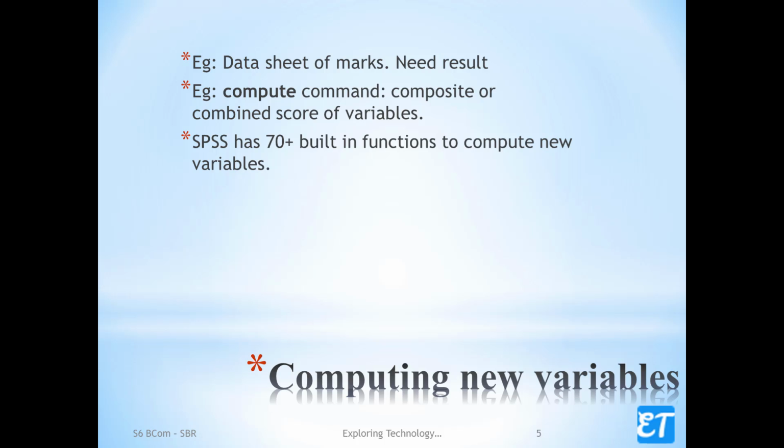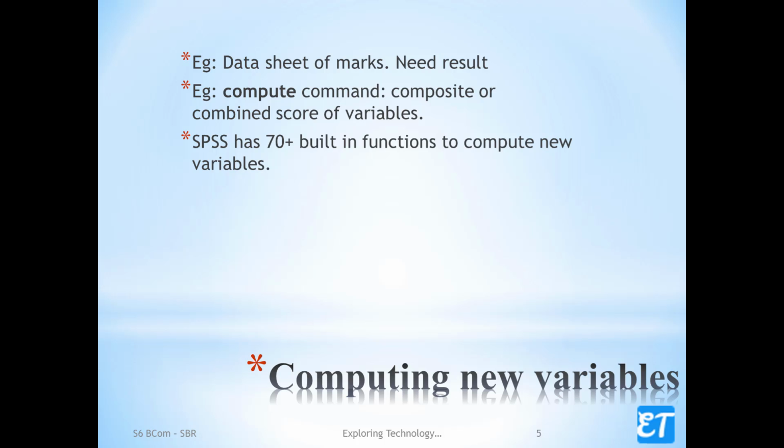For that, the command used most commonly is the compute command. Compute command can combine the scores of variables, or it gives a composite score of variables. SPSS has around 70 plus built-in functions to compute new variables.